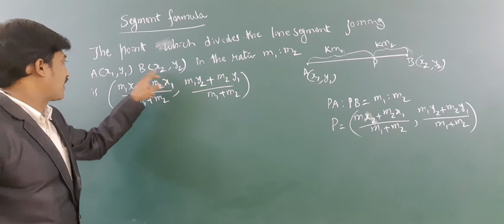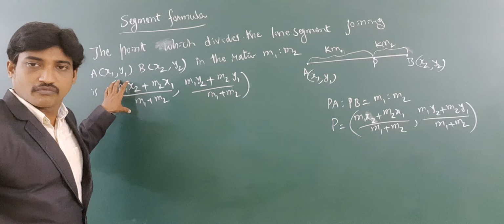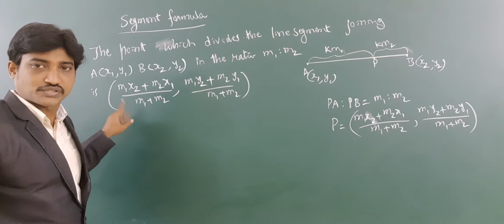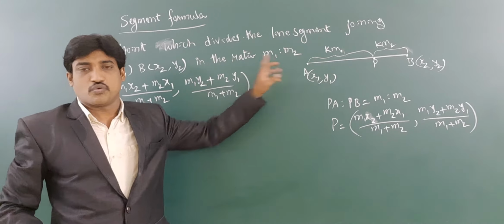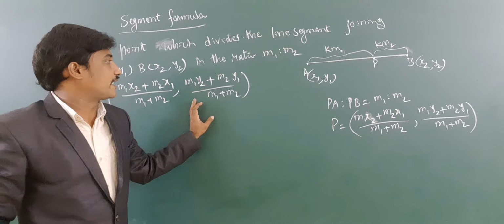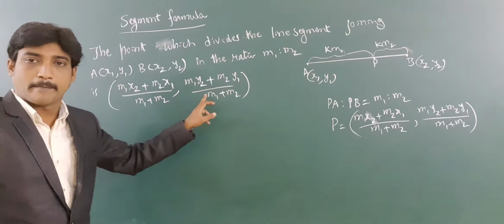With x1, x2 and m1, m2 we can get the x coordinate, and using y1, y2 and m1, m2 we can write the second coordinate (m1 y2 + m2 y1)/(m1 + m2).